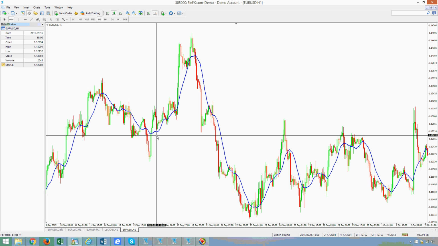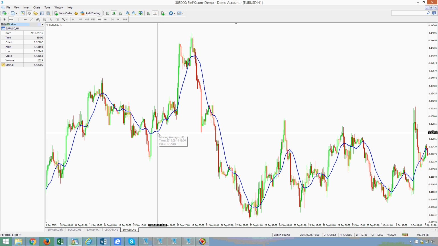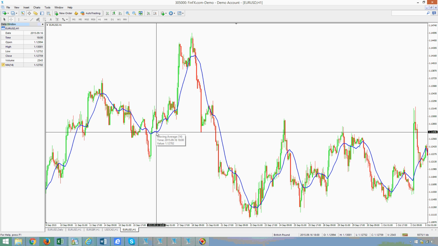It means that this blue point here, 1.1270, is plotted on the screen based on the previous 14 candles, because when we added the moving average, we said it should be plotted on the last 14 candles.